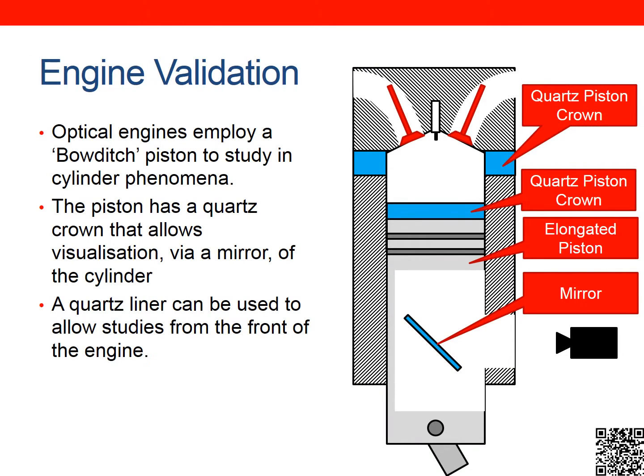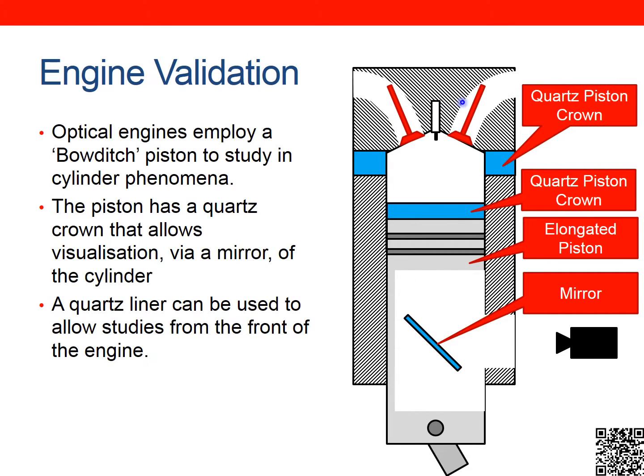In terms of engine validation, we just showed how we can validate the models in quite controlled environments, but we can also validate, and gain data on what's happening in the cylinder, by using what are called optical engines. I've got a schematic of one over here.